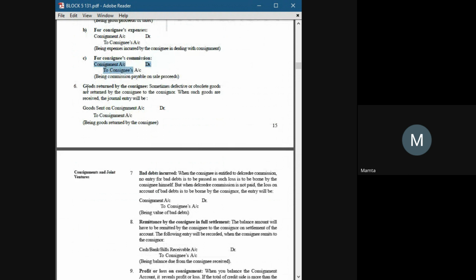Sixth entry, goods returned by the consignee. Goods sent on consignment account debit to consignment account, because we are receiving goods which we had sent earlier.